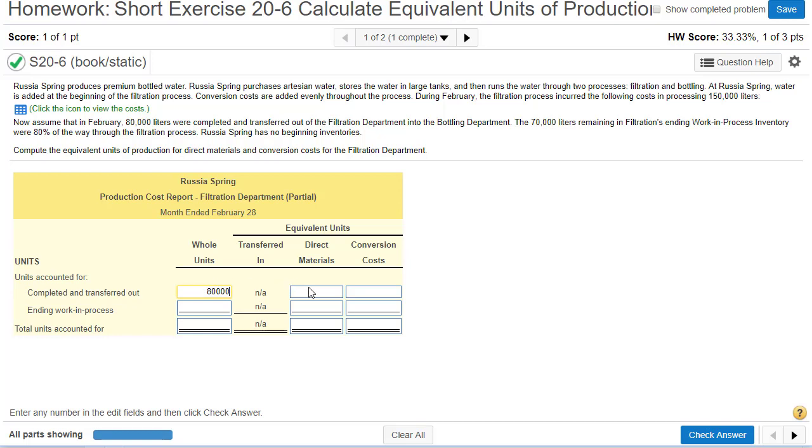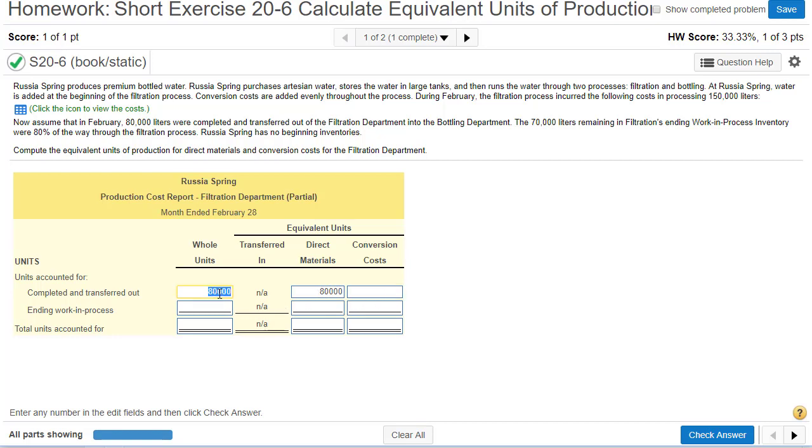So now let's think about the cost of the direct materials. What percentage of these units, 80,000, had the direct materials applied to them? Well, remember, these 80,000 units were completed and transferred out. Since they were completed, all of them, 100% of them, had direct materials added to them, okay? And then the same for the conversion costs.